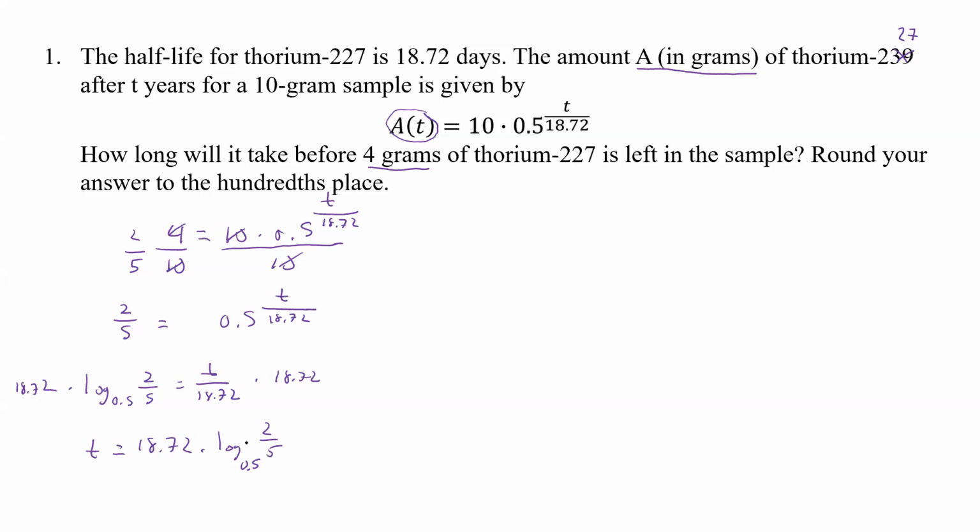Now remember, we have to use our change of base formula here. So that's going to be t equals 18.72 times ln of 2/5 over ln of 0.5. All right, so let's see what we get there.